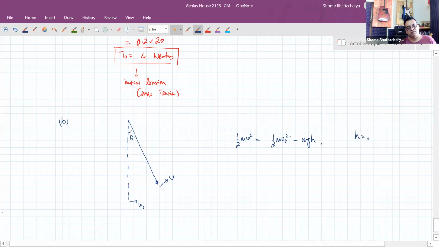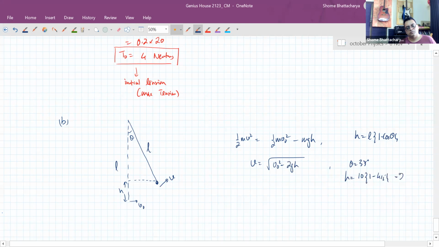Where H is again that this kind of term. So V becomes root 60 meter per second.